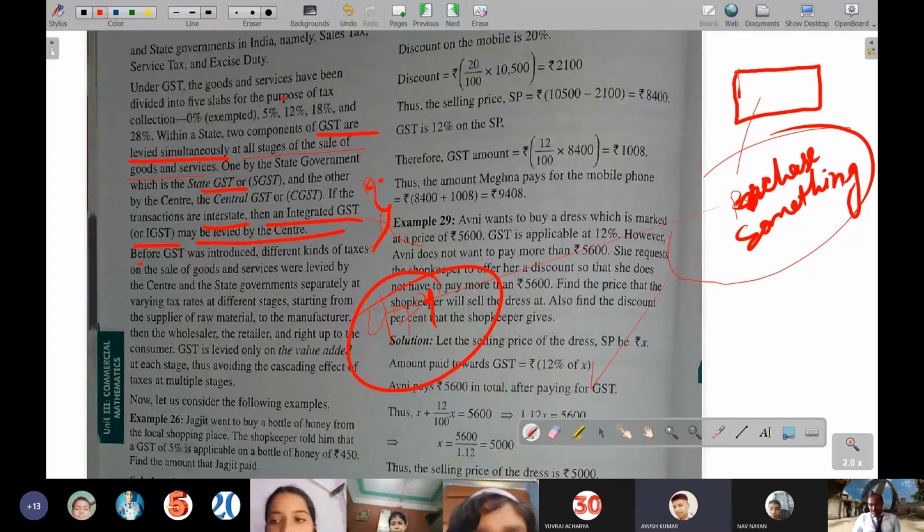MRP means maximum retail price, inclusive of all tax. So what does that mean, sir, included of all taxes? That both taxes are counted here, sir. Included of all types of tax.